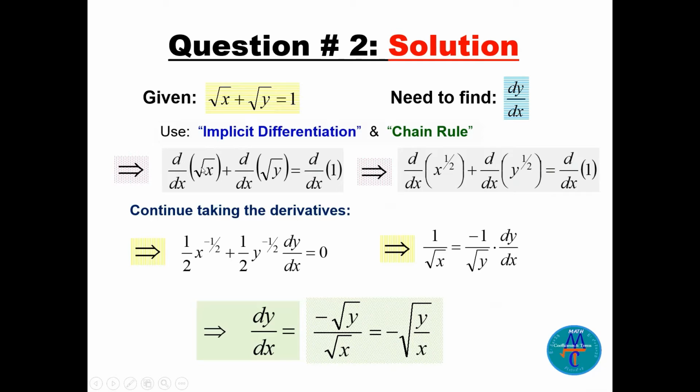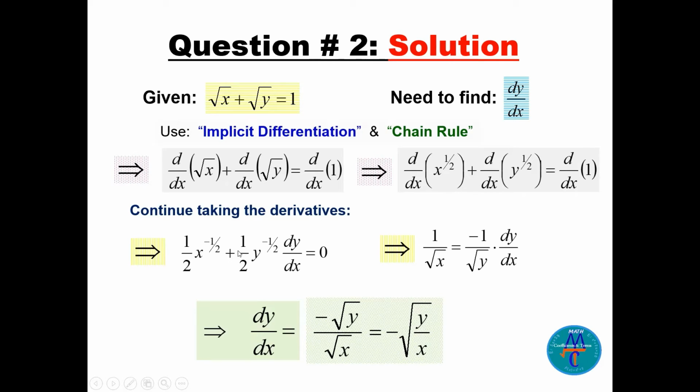The first one is easy, x to the power half, the derivative will be half x to the power minus half. This one, remember, y is a function of x, so that's a chain rule here. Half y to the power minus half times dy over dx, because y is a function of x, and the derivative of 1 is 0.